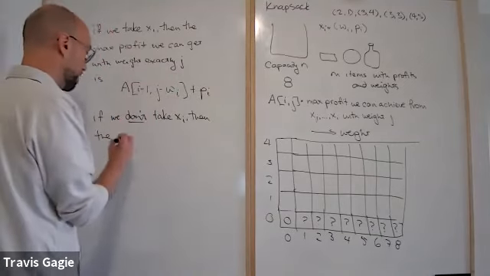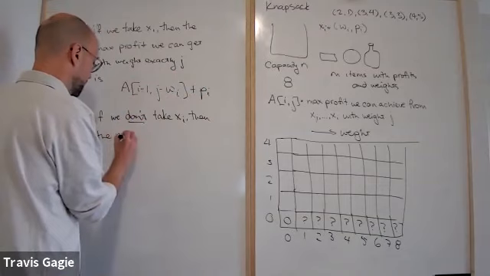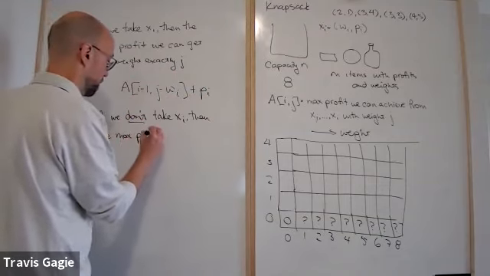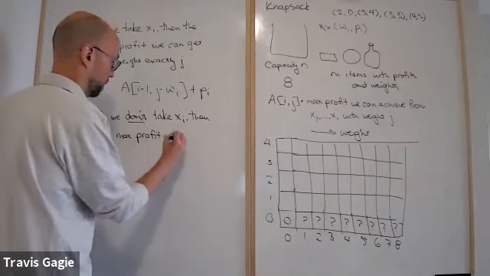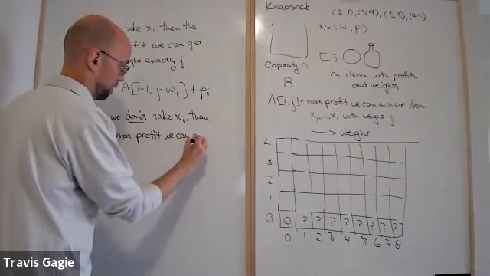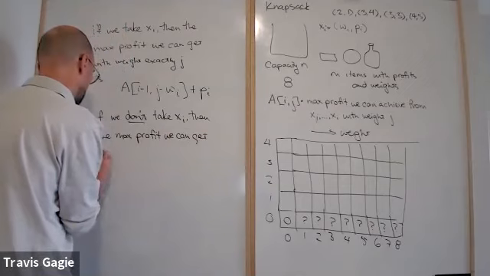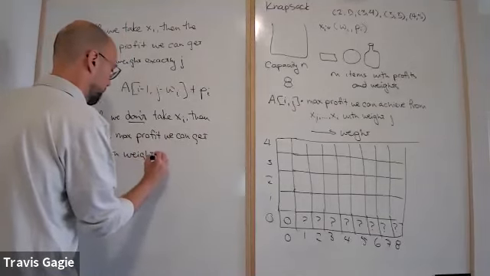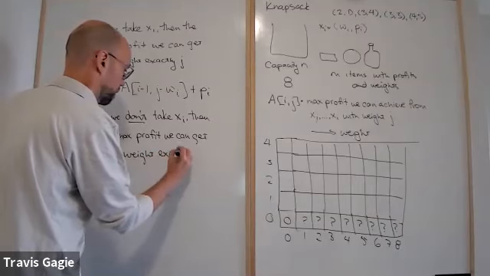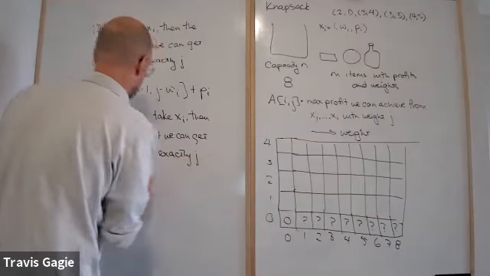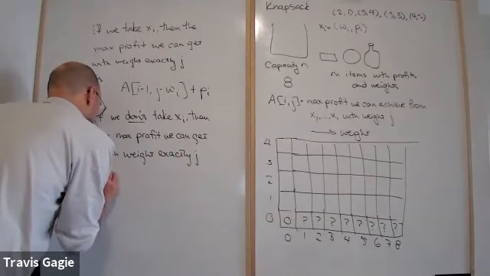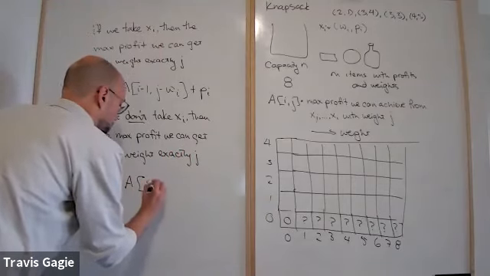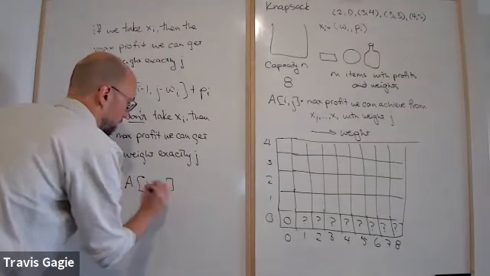So if we don't take xi, then the max profit we can get with weight exactly j is A(i-1), j, right?